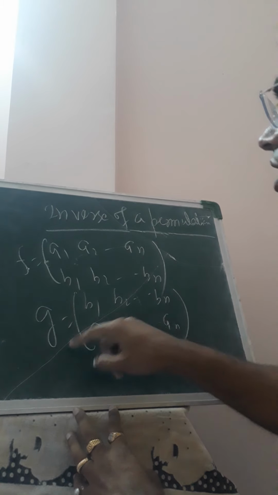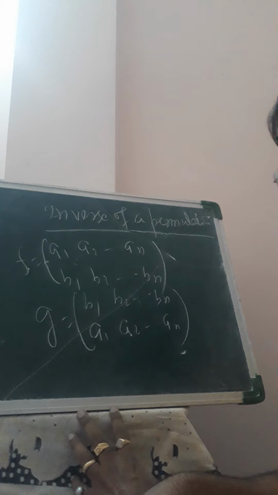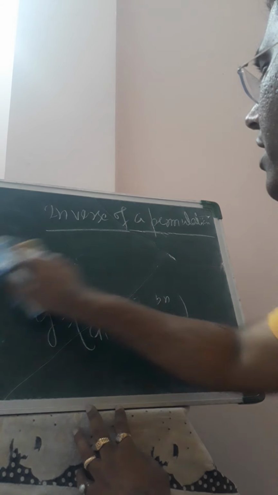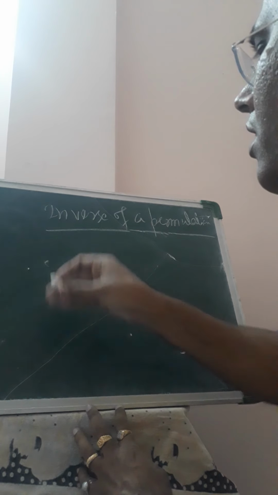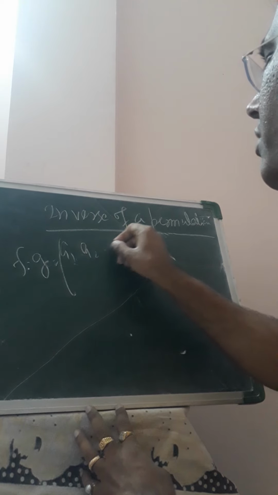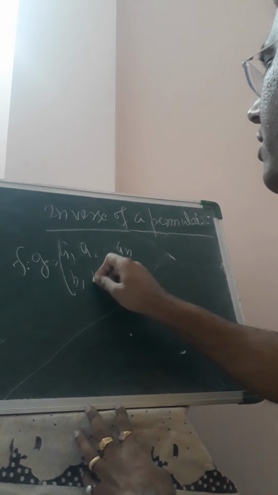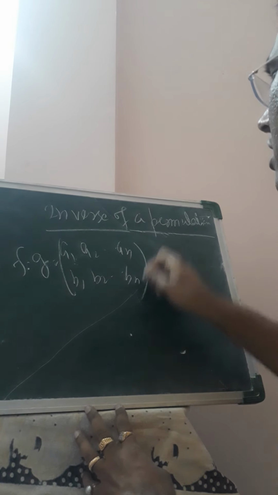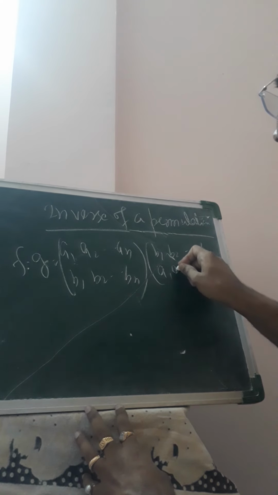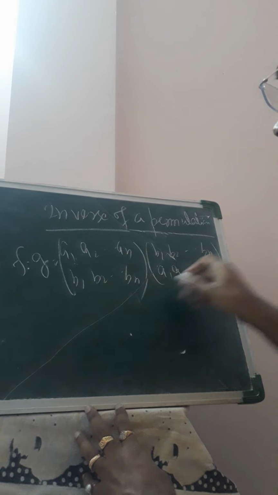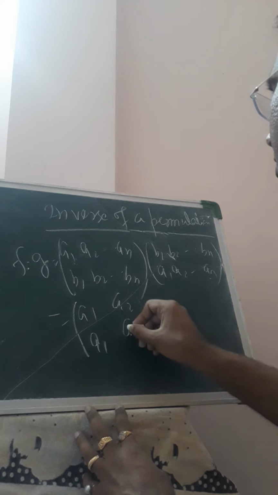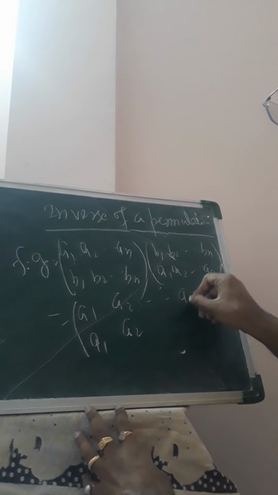This permutation is called the inverse of the permutation f. Clearly here f into g is equal to a1, a2, ..., an over b1, b2, ..., bn, followed by b1, b2, ..., bn over a1, a2, ..., an.